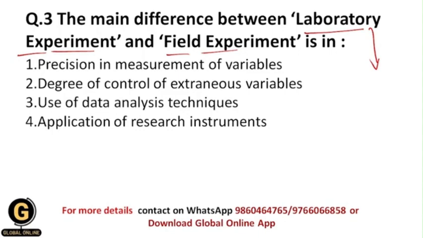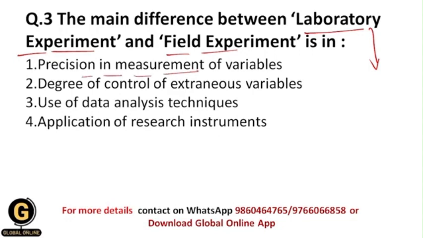That's why we should remove or control such extraneous variables, and that's why we go for the experimental research method, because we can do such research only in the laboratory, in the controlled environment, so that we can control the extraneous variables to a greater degree than in the field experiment.